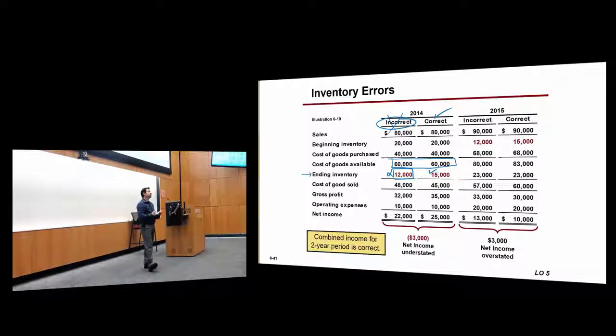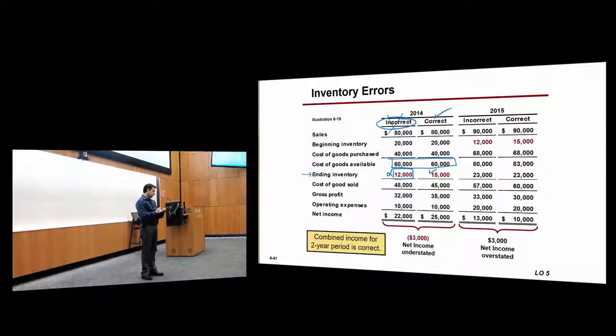So was the inventory understated or overstated? Understated, right? You said that your balance was 12,000. In reality, it was 15,000. As you can see, this will affect cost of goods sold.